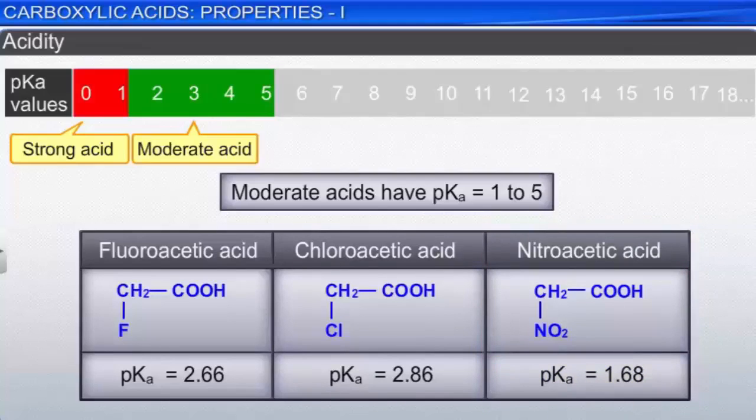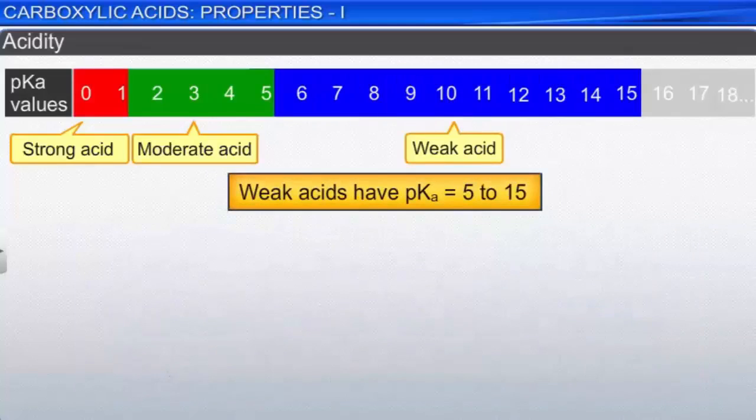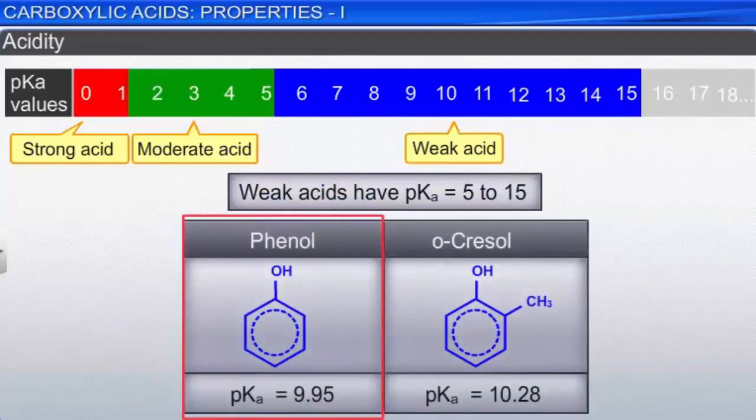Weak acids have pKa values between 5 and 15. For example, phenol with a pKa value of 9.95, and orthocresol with a pKa value of 10.28 are weak acids.